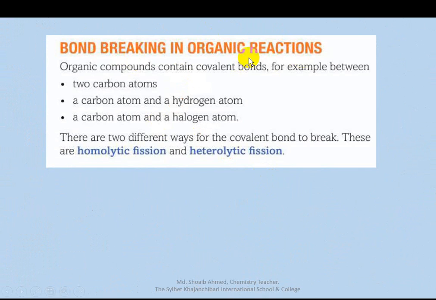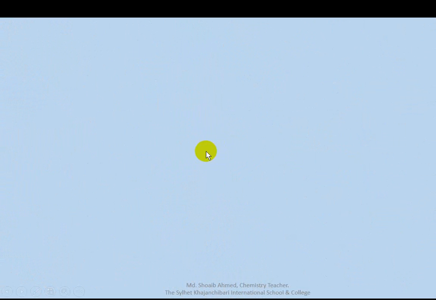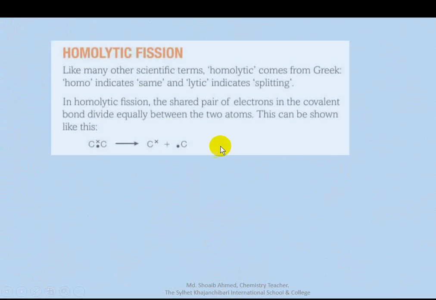Bond breaking in organic reactions. Organic compounds contain covalent bonds, for example between two carbon atoms, or carbon and hydrogen atoms, or carbon and halogen atoms. This bond breaks in two types: homolytic bond breaking and heterolytic bond breaking.